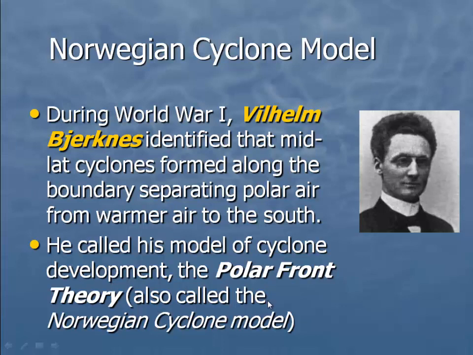Sometimes, I think your Weather Studies Investigation Manual calls this the Norwegian cyclone model. It was developed out of the Bergen School of Meteorology in Norway, and really Norway, believe it or not, was at the forefront of the development of many meteorological principles in the late 1800s and the early 1900s.